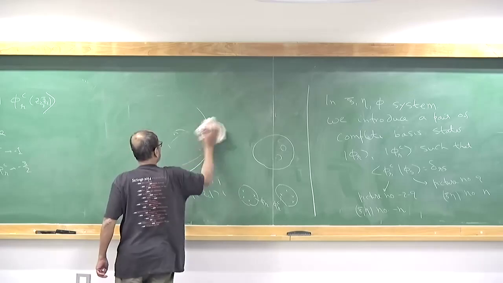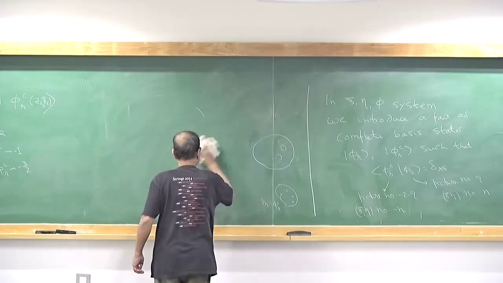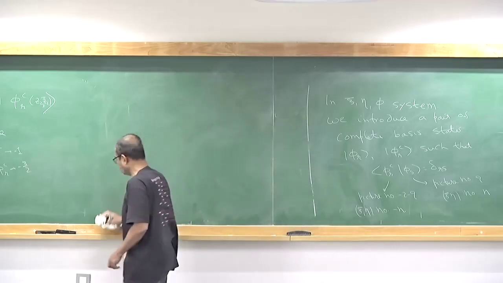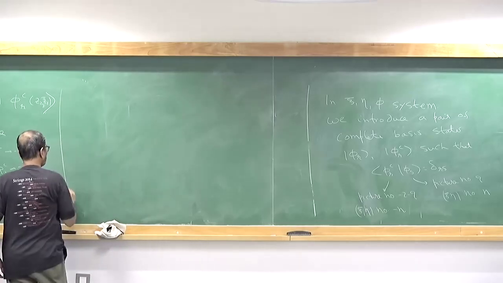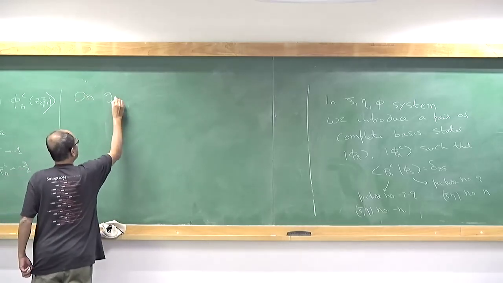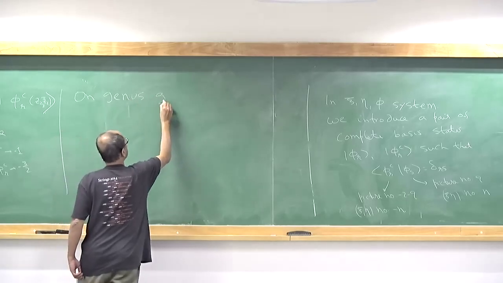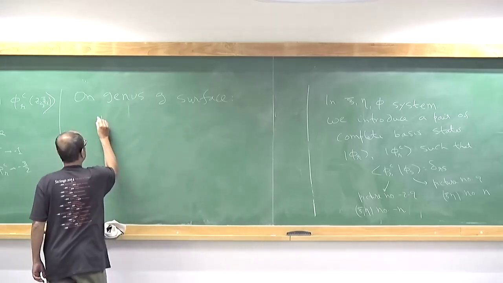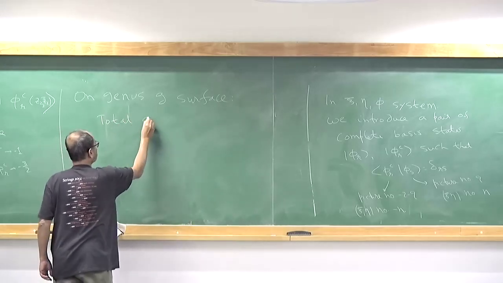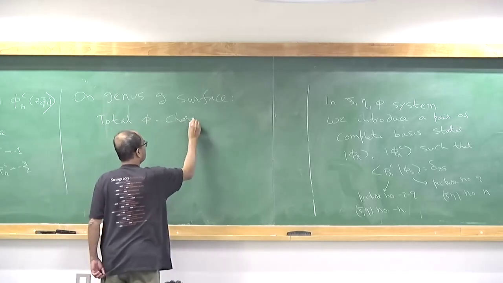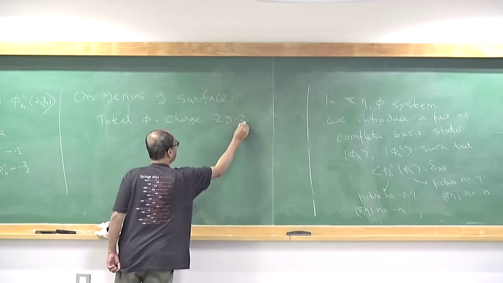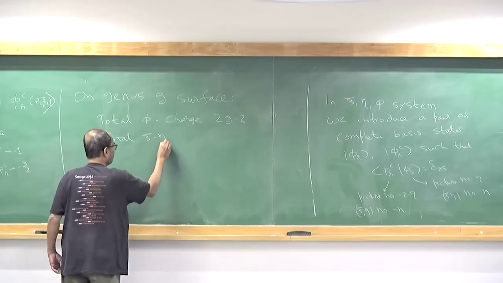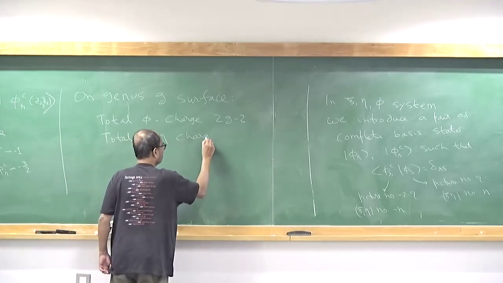On a genus G surface, we'll need total phi charge 2G minus 2 and total xi eta charge 0.